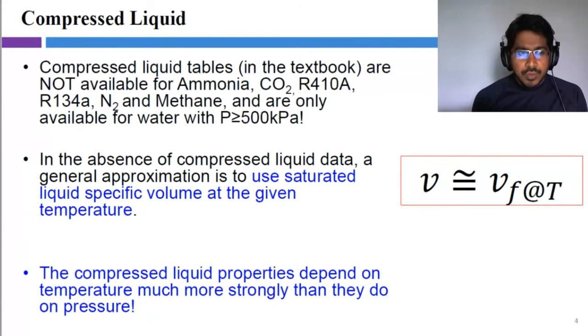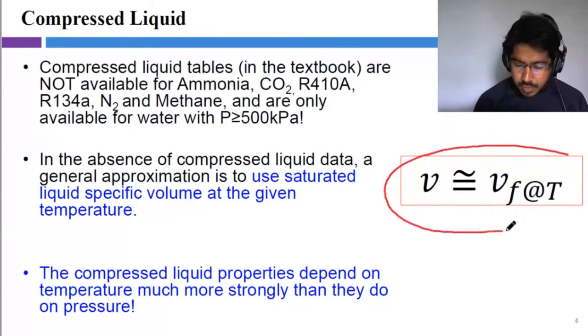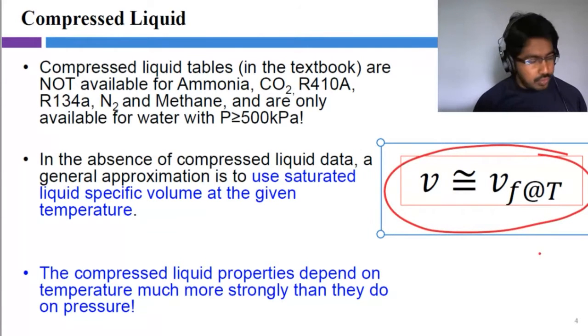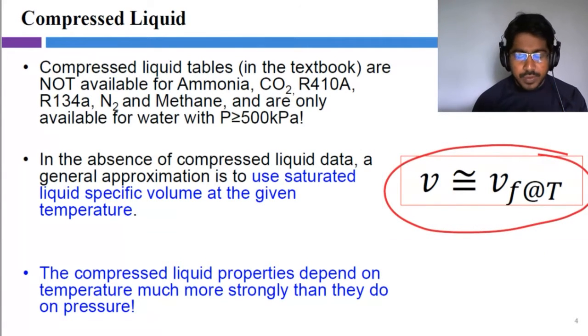In such situations, we use the saturated liquid specific volume at the given temperature. To find it, you go to the saturated liquid tables, look for the given temperature, and look for vf. So comes the relationship that you see here: for a compressed liquid, the specific volume is the specific volume on the saturated liquid line at a given temperature.